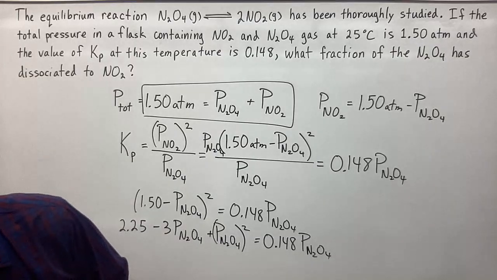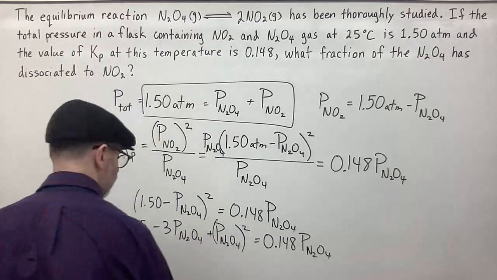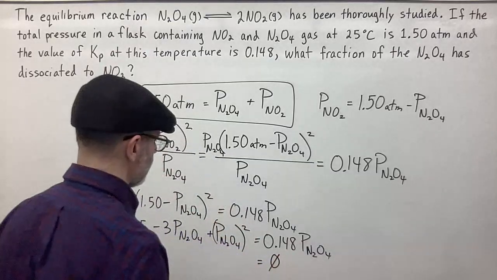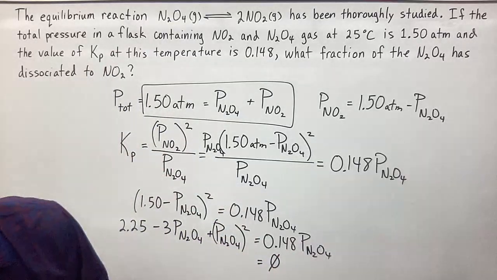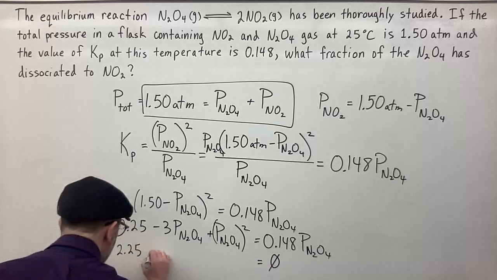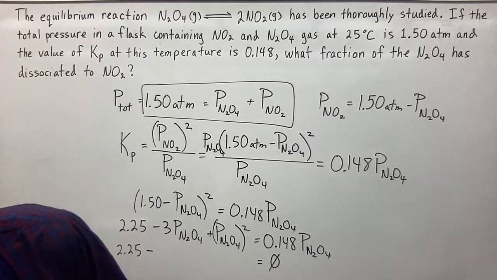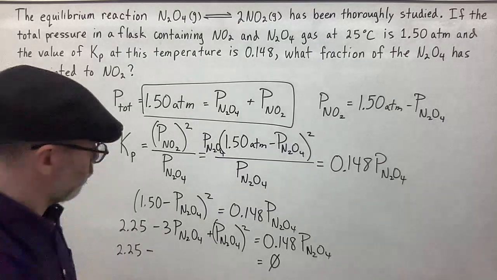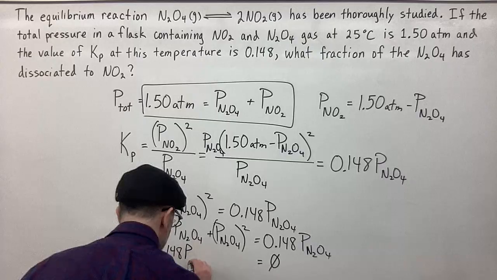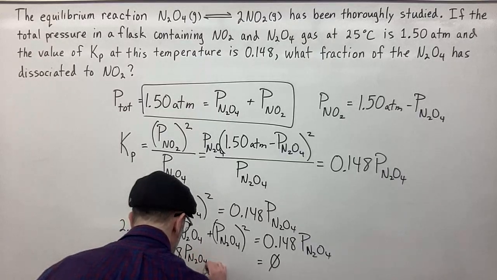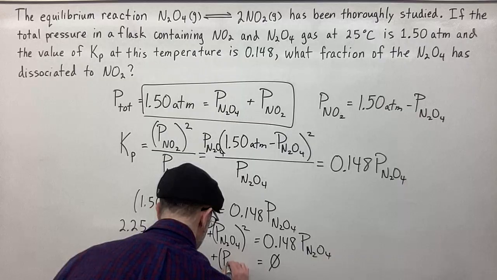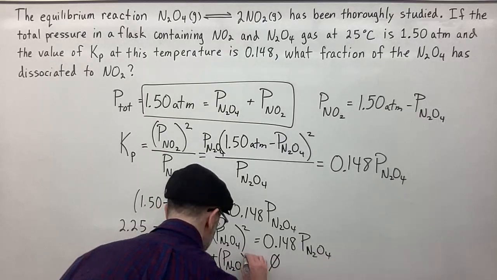Hold on a second. Let me double check. Yeah. So I'm going to have 0 on this side, and then I'm going to have 2.25 minus 3.148 times the partial pressure of N2O4 plus the partial pressure of N2O4 squared.